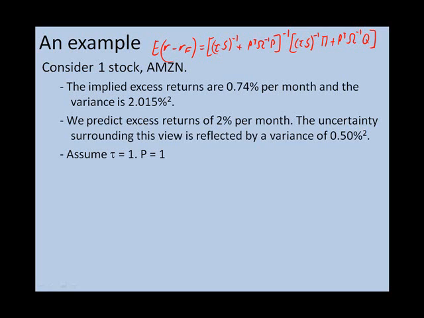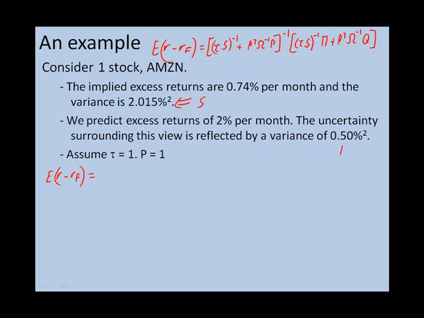Let's plug the numbers into this formula. The expected excess returns are going to be equal to, tau is equal to 1, so we can ignore it. S is going to be equal to the variance in this case because there's only one stock. We know that P is equal to 1.